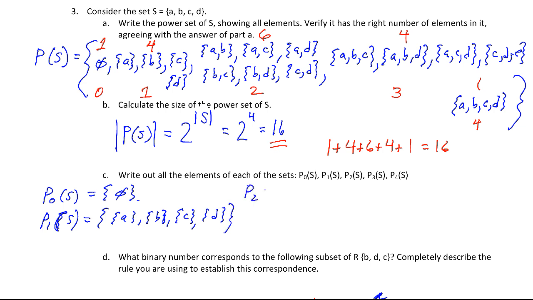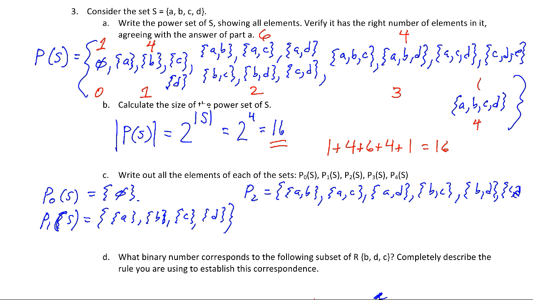P2 is the set containing the double sets. The set with AC, AD, BC, BD, and finally CD.